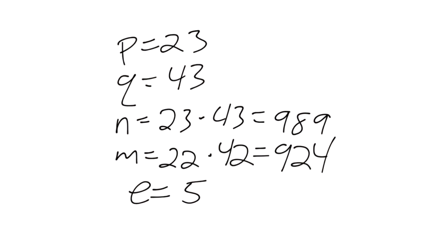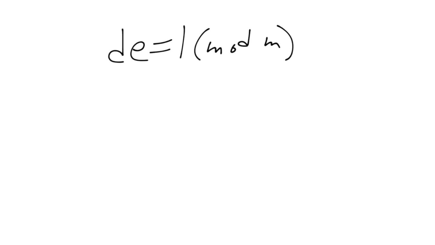Finally, we'll need one more number, which we'll call d. D must be some value that satisfies the equation d e is equal to 1 mod m. This mod m signifies we'll use something called modular arithmetic. In modular arithmetic, once a number gets higher than some upper bound, it will wrap back around to 0.